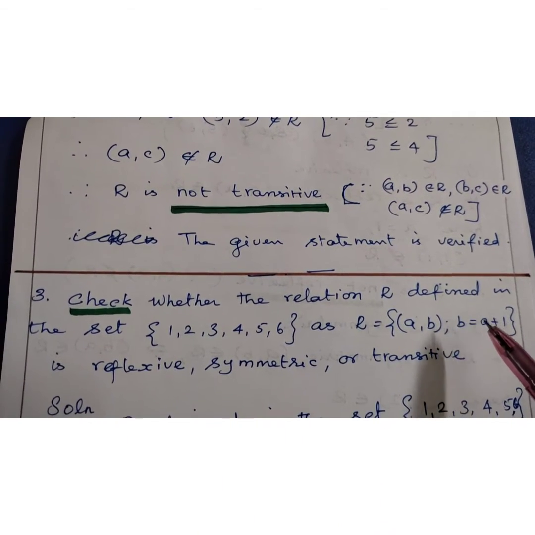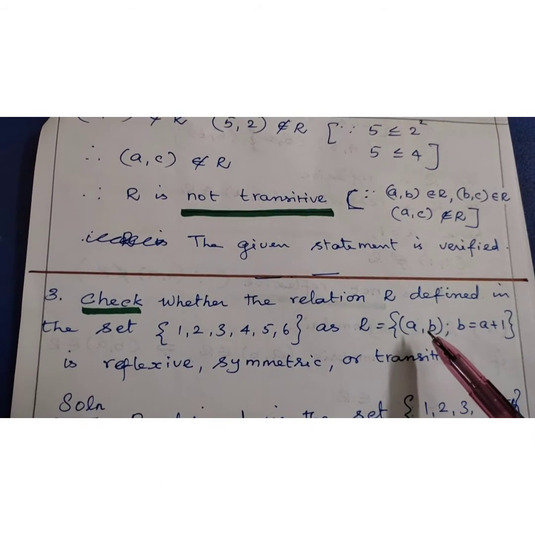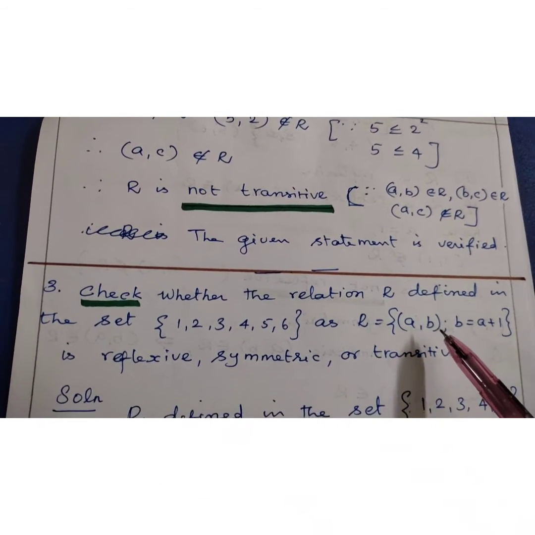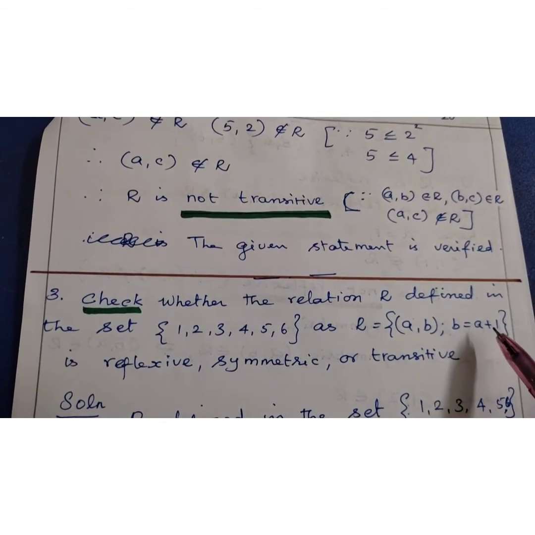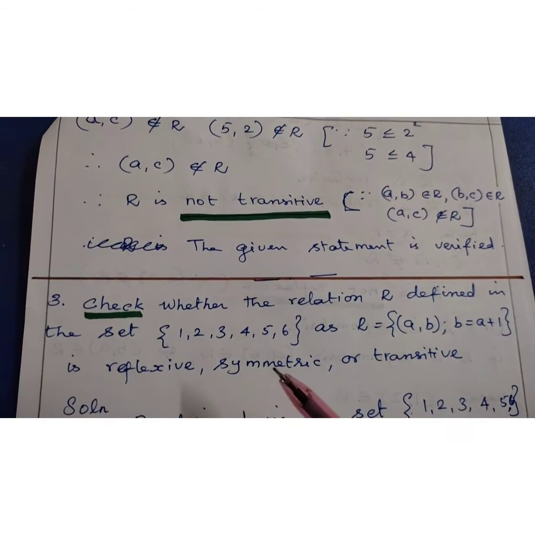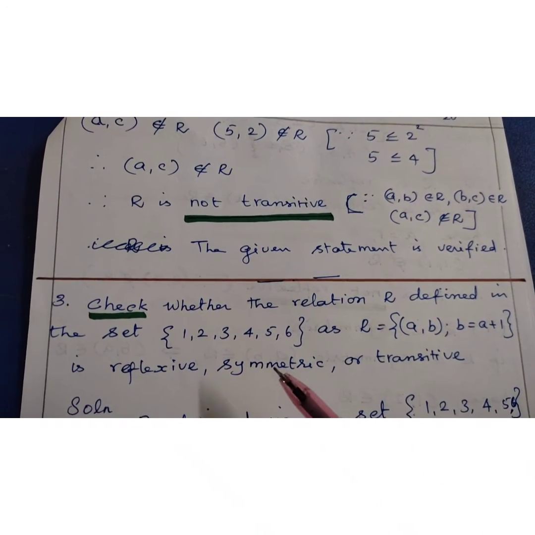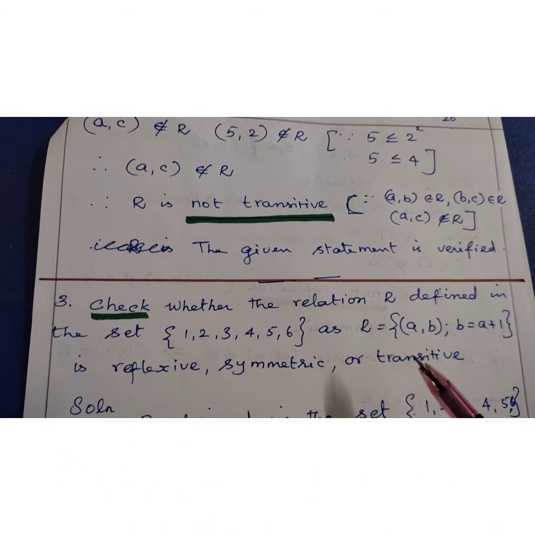Here the condition is B equal to A plus 1, and (A, B) is a pair in the relation. We have to check whether this relation is reflexive or not, symmetric or not, and transitive or not.